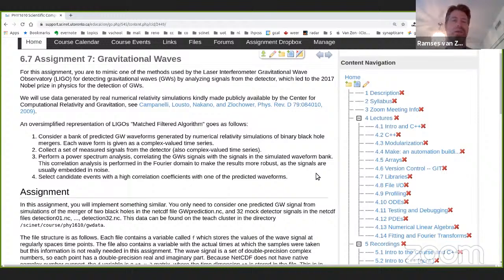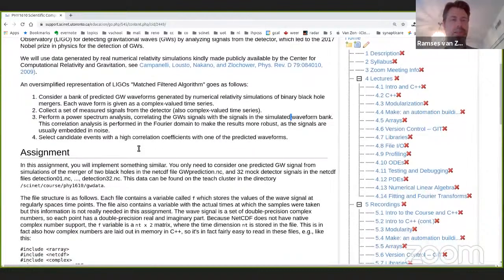It does that more or less in Fourier space, or in a waveform analysis. The oversimplified way this is done is that there's a set of predicted waveforms, time series if you want, from the simulations. Then we have measured signals, and we perform a power spectrum analysis to see if they have similar power spectra to, say, gravitational waves. If they do, then that's a hit.